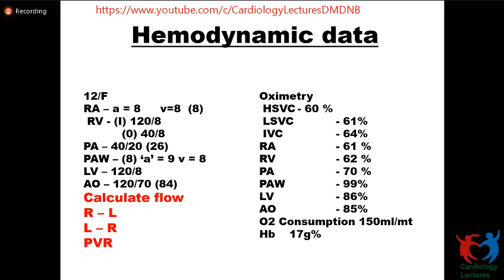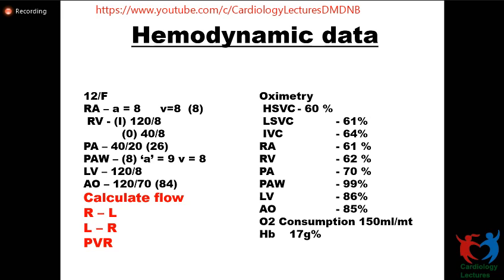If there is a bidirectional shunt, should there be an RV step up also? Usually there will not be. You might have seen on echo in pathology of fellow that sometimes there can be a minor left to right shunt during diastole, but that will not be enough to give rise to a step up.